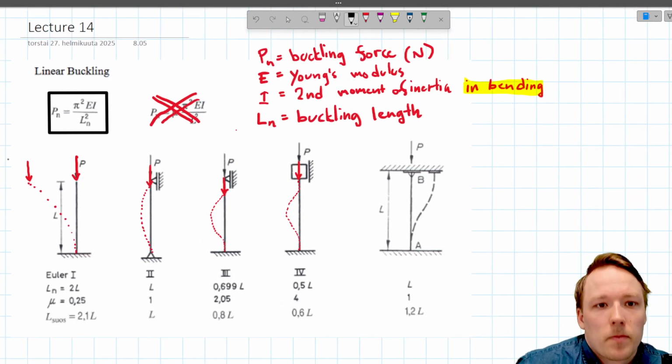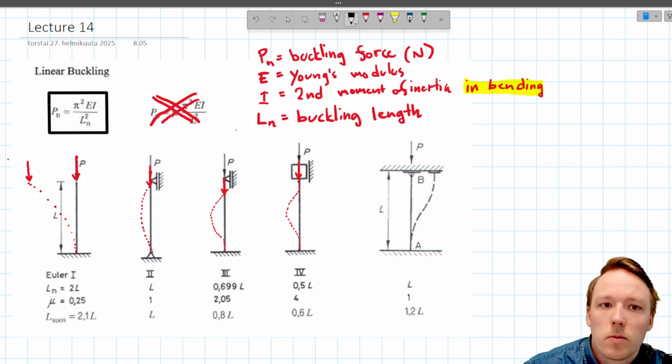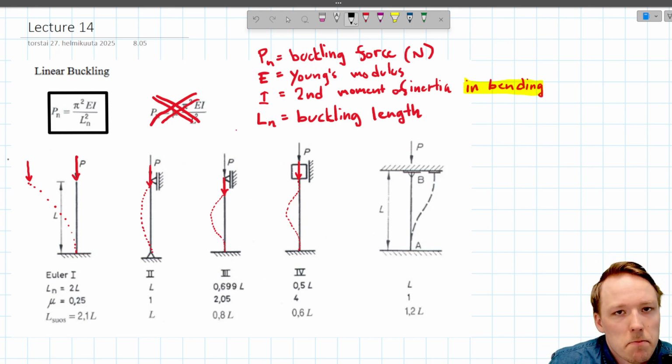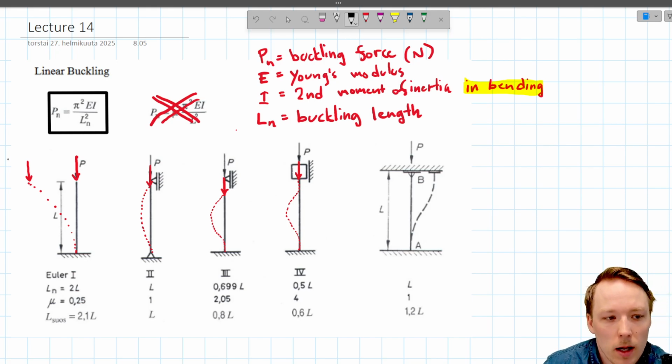So, all of these other things you already know, you have seen these before, but what is the buckling length and where do we get that? Well, if we take a look underneath each of these Euler scenarios, we see here the Ln, which is the buckling length. Depending on the types of support that you have on your structure, you have to look from this list of scenarios which kind of scenario you have, and then you choose the buckling length based on that.